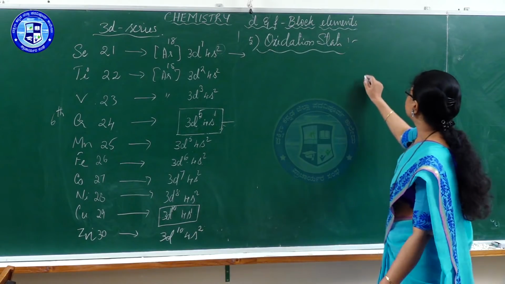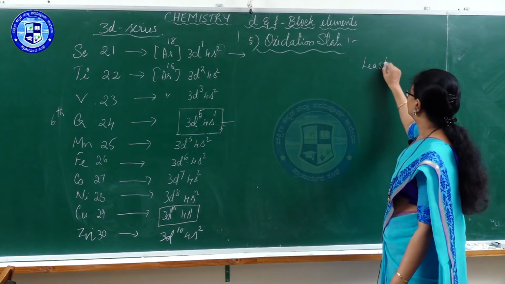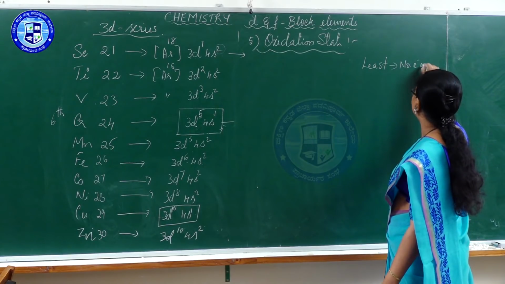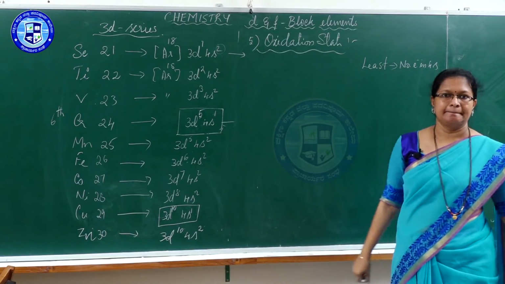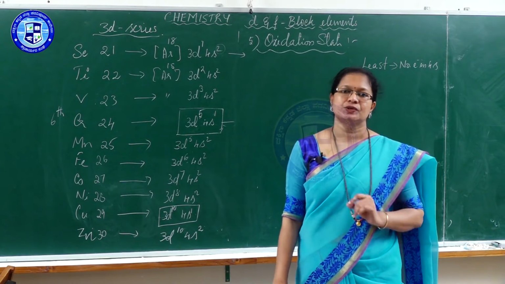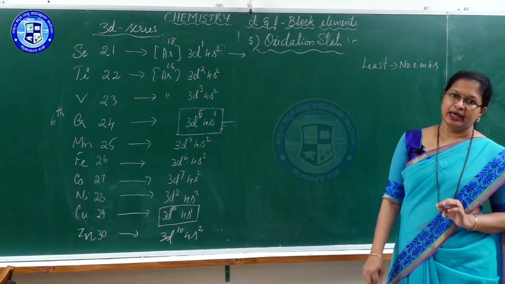That is, the least oxidation state is going to be the number of electrons in the 4s orbital. The number of electrons present in the 4s orbital is the least oxidation state that these elements can exhibit.